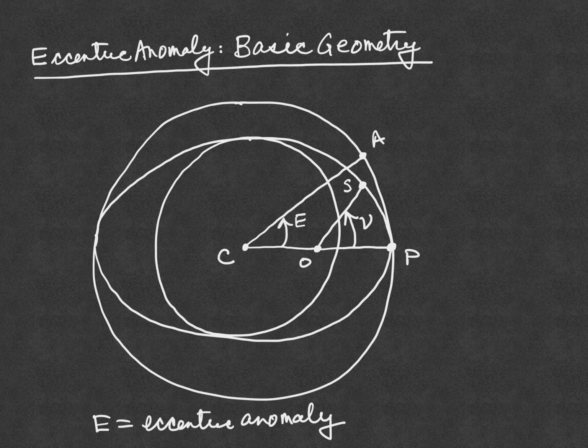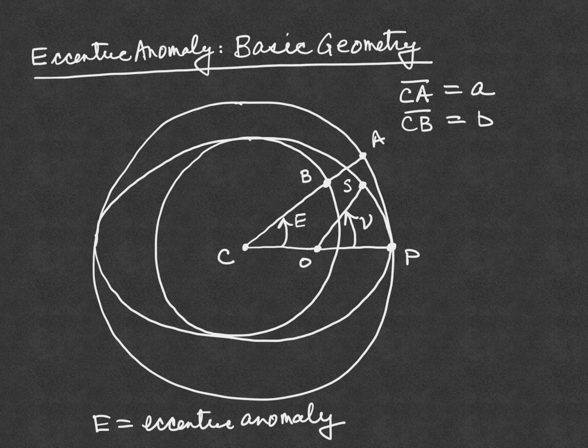Now, given this geometry, you can see that the distance from C to A has to equal a, which is the semi-major axis. And I'm going to label another point here, which is B. B is the point on the inner circle such that it lies along the direction from C to A. And the distance from C to B has to equal b, where b is the semi-minor axis.